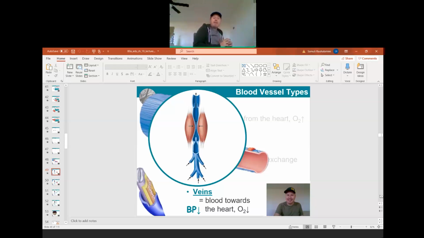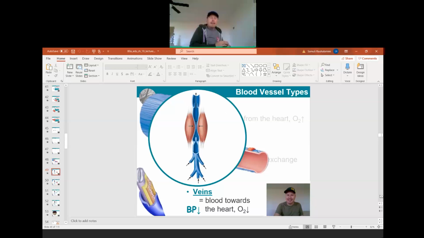So what we find is that the veins are often surrounded by, or often in locations where there are, a lot of skeletal muscles around them. So we constantly move, we constantly squeeze these blood vessels. So the constant moving allows the blood to move a little by little back towards the heart. And the valves make sure that it only moves in that direction.